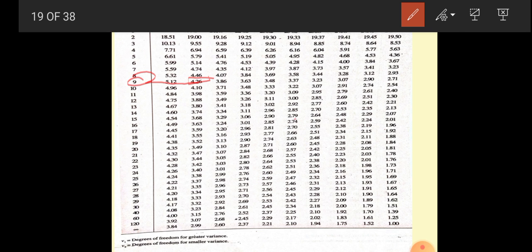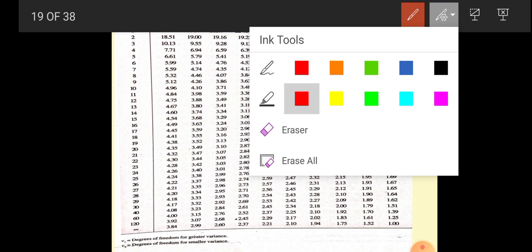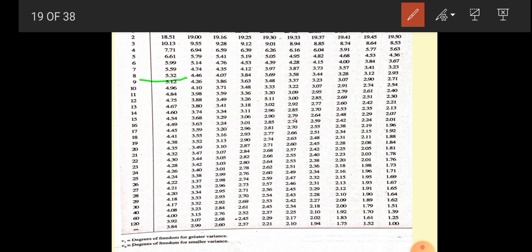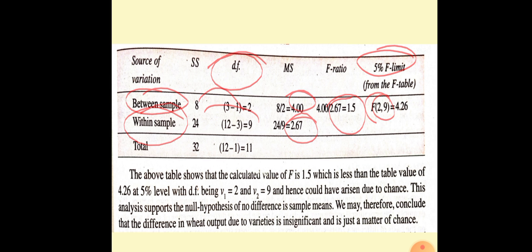So F(2,9) is 4.26. The table shows that the calculated value of F is 1.5.